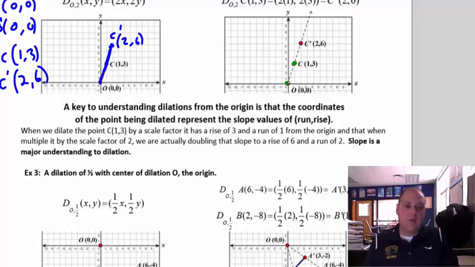It went up 1, 2, 3, and over 1. So the slope is 3 over 1. Well, look what happened when you go from C to C prime. Up 3 over 1. See? Up 3 over 1. The slope is still 3 over 1.